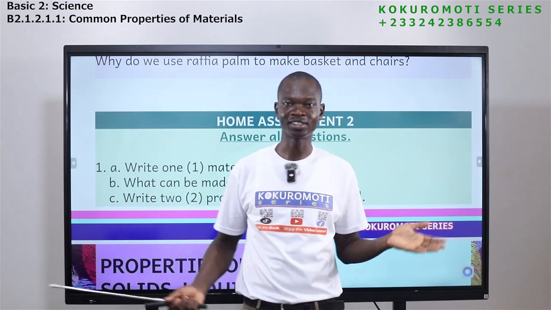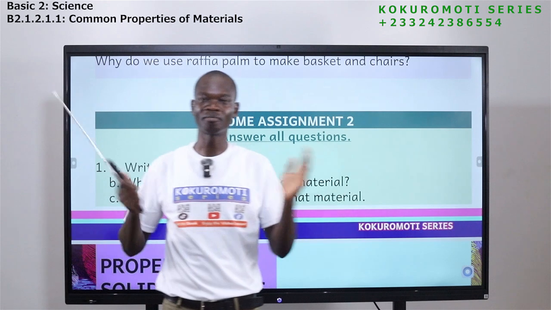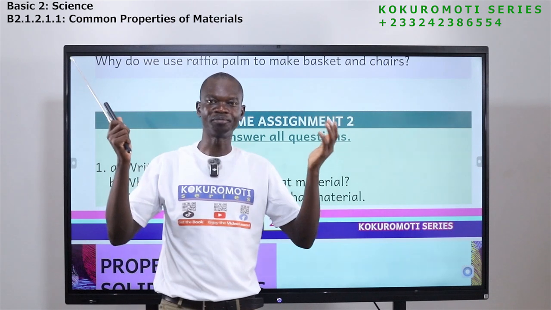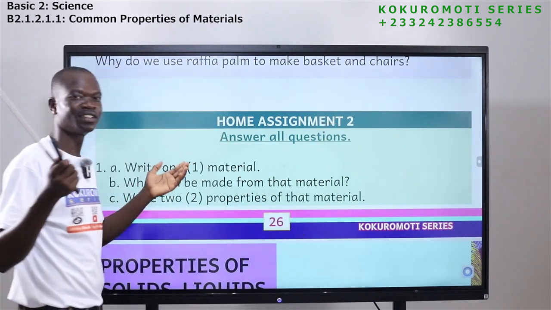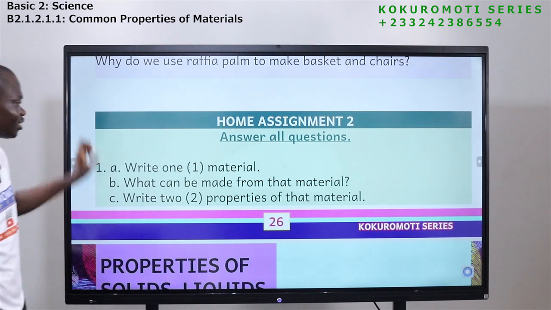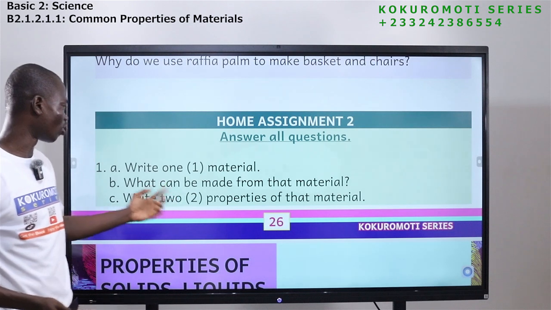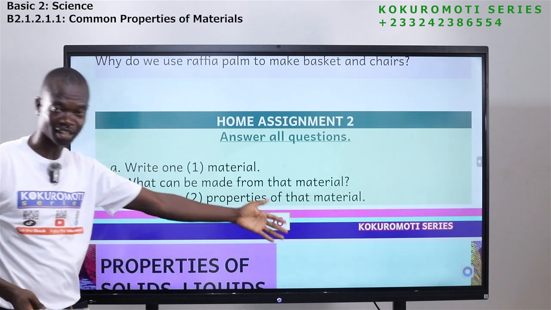If it is wood, fine. If it is clay, fine. It is plastic, metal, what again? Any material, just write it and then tell what can be made from that material.